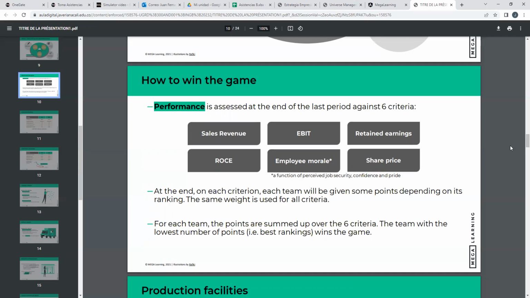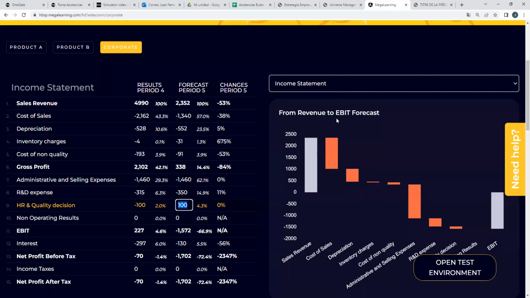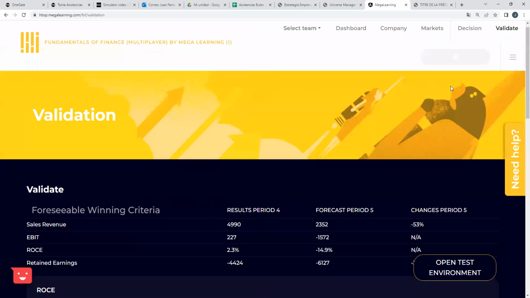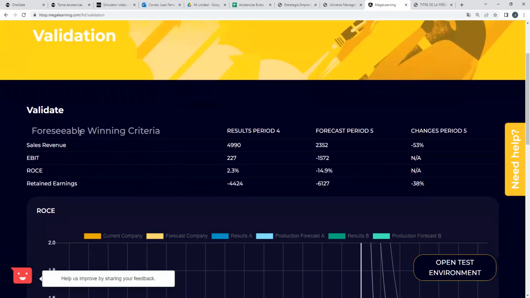Okay. Once you guys are done with the decision, you go to this tab, the validate tab. Here the simulator makes you a summary of what's going on.